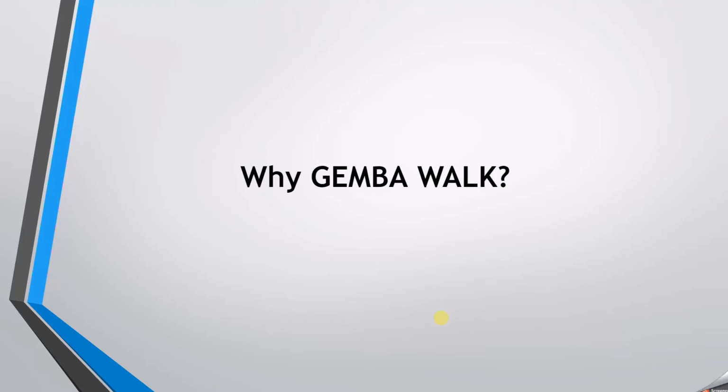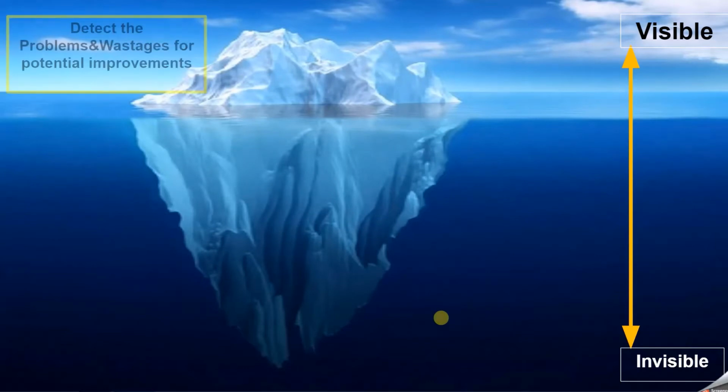So let's see together the benefits of a Gemba Walk. The benefit is to detect the problems and wastage for potential improvement. We have to separate the processes and people performance. And most of the time, more than 85% of the problems are process issues.